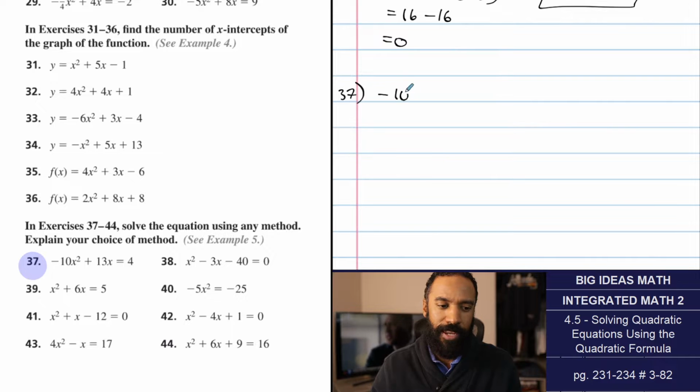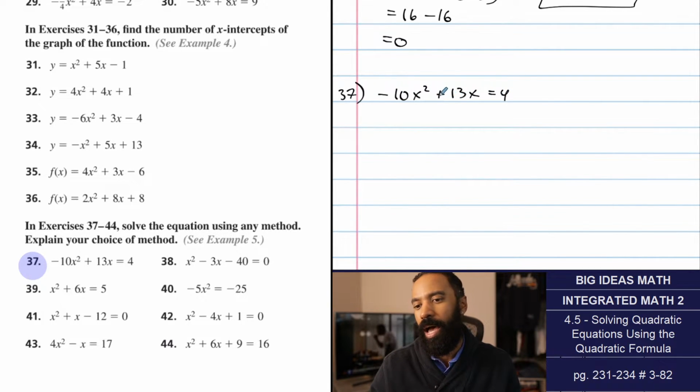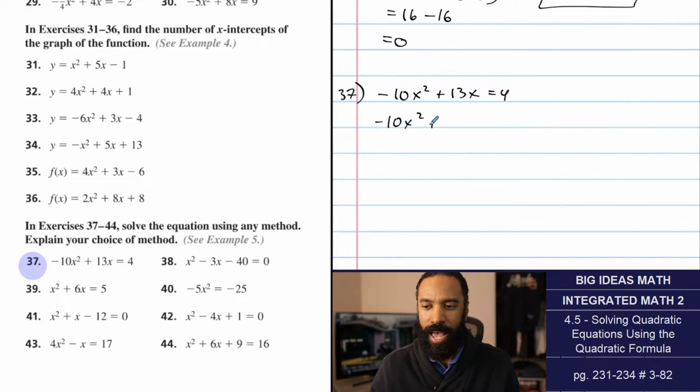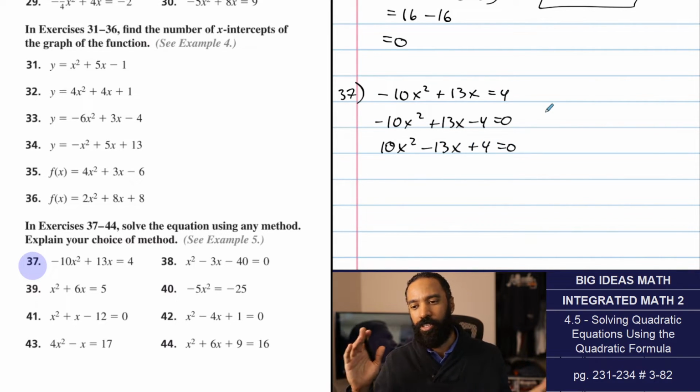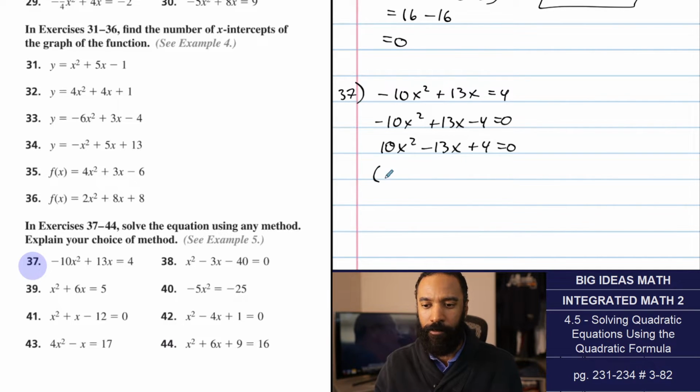So number 37, negative 10x squared plus 13x equals 4. I'm going to get 4 to the side by subtracting it, and change my signs here, even if I use quadratic formula. I want to first see if this is factorable. That's going to be my first go-to.